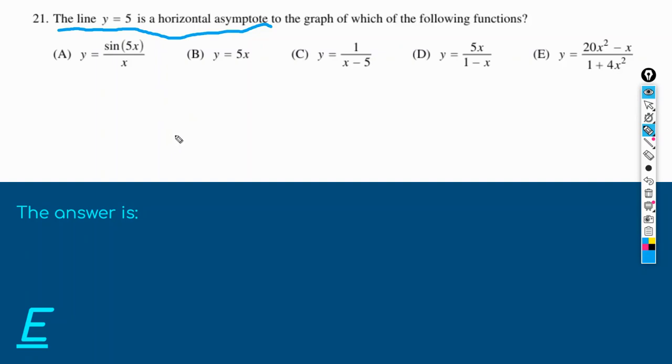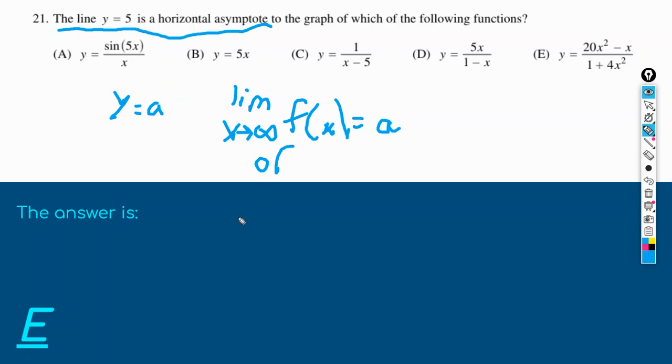So first, for a line y equals a to be a horizontal asymptote, the limit as x goes to infinity of f of x has to equal a, or the limit as x goes to negative infinity has to equal a. So let's see, in this case, as we approach infinity, what happens to each of these functions.